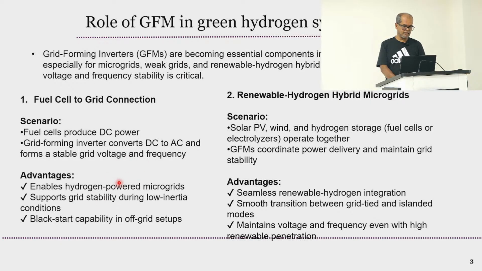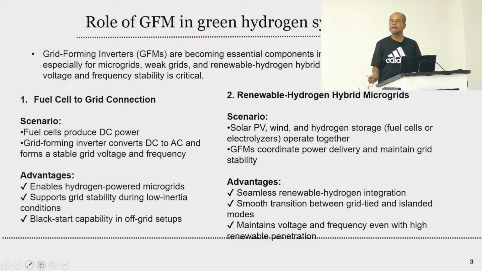Also, as I say, when you have a weak grid, it needs support to ensure stability, mainly under low inertia conditions. And another important application we didn't mention is black start capability.